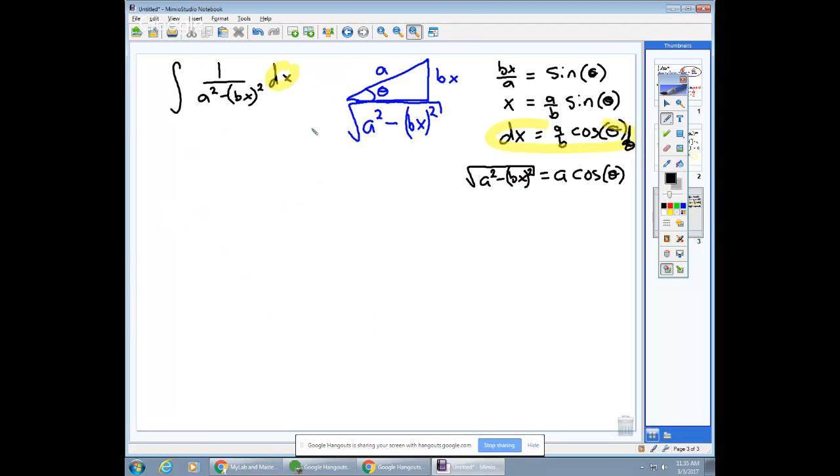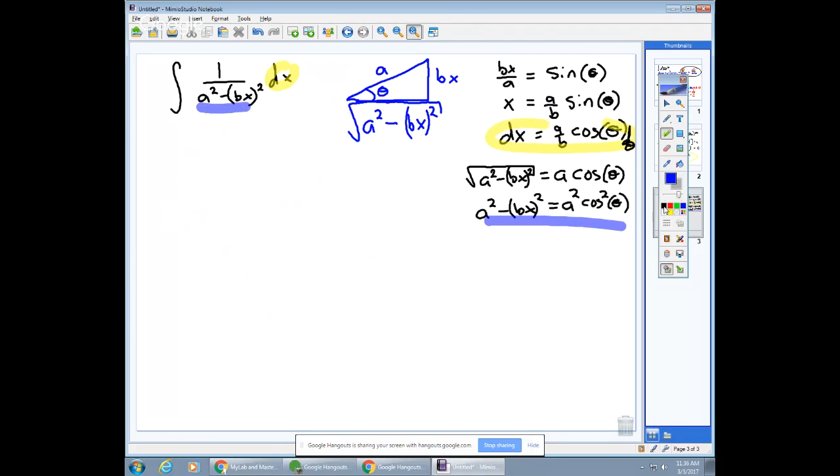Now I want the square of that for my denominator, so that means a squared minus bx squared, the inside of the root, has to equal the square of the other side, which is a squared cosine squared. And so now I'm ready to substitute because I have my dx, and now I have my denominator.